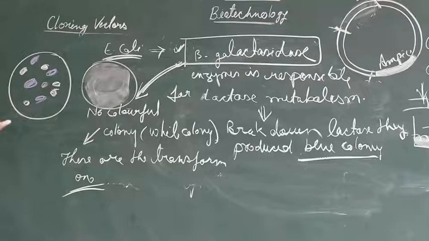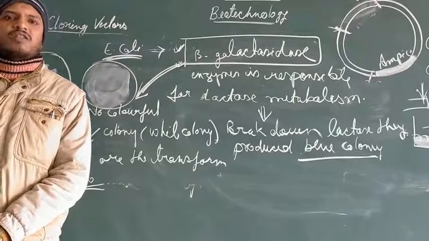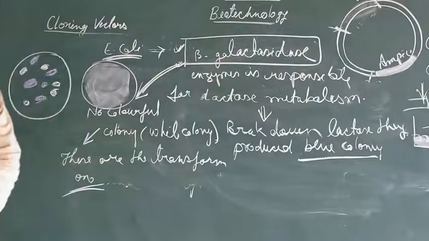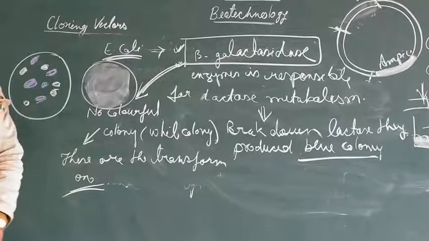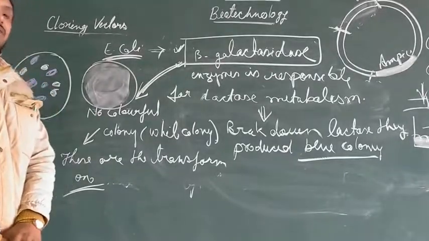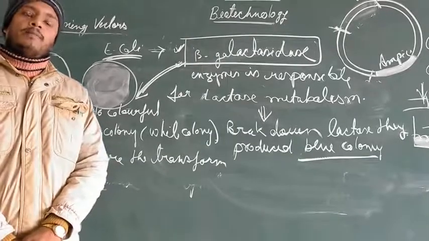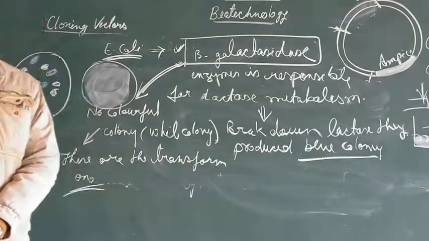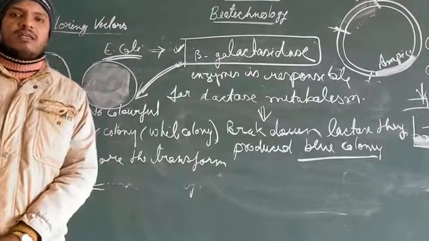So in this way, cloning vectors help us to form the desired vectors with the particular characters. And yes, this is the case of microbes. Nowadays, in the case of plants and animals, vectors are also used. In the case of plants, it is Agrobacterium tumefaciens, a specific plant pathogen which causes infection in the plant, causing plant cells to become cancerous.